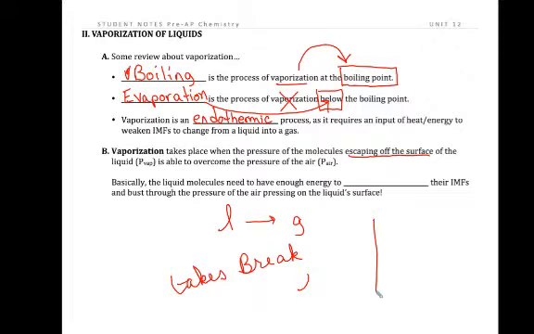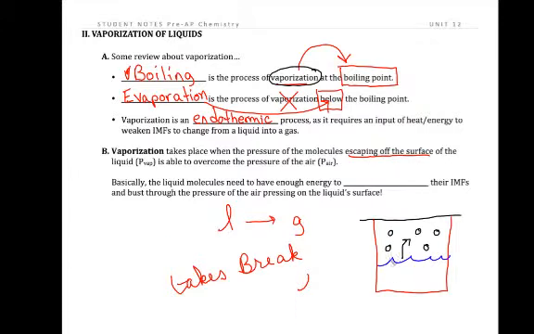And so if I have a closed system, so let's say this is kind of a beaker and it's a closed system, some water is naturally going to escape, whether it's evaporation or vaporization, which is what I prefer. Vaporization's at the boiling point, evaporation below. Some will escape and break those intermolecular forces, and you'll start forming gas molecules.